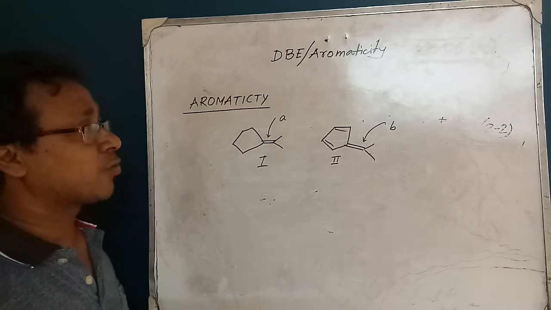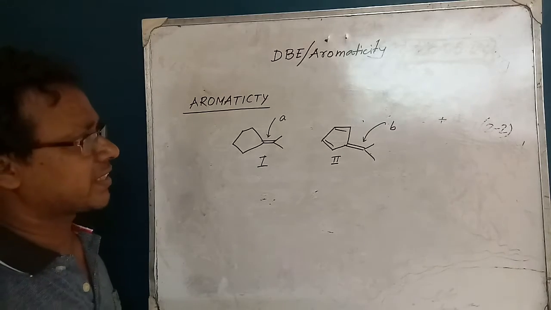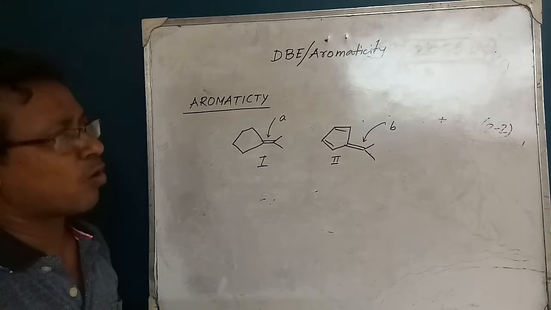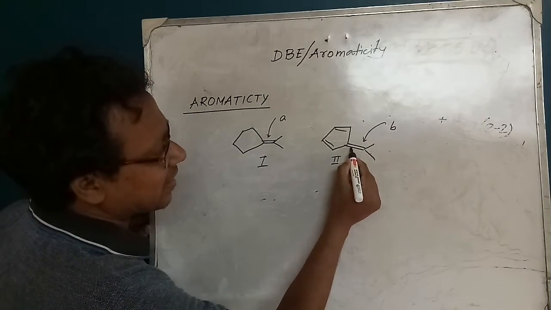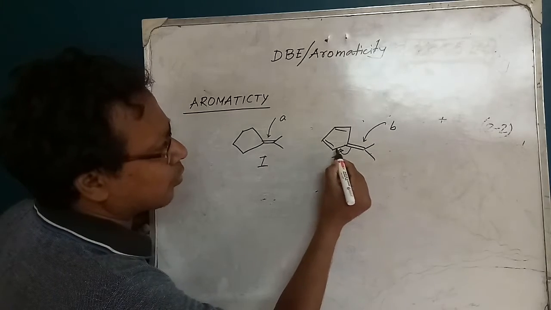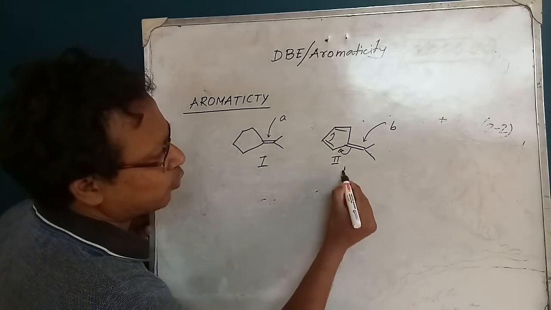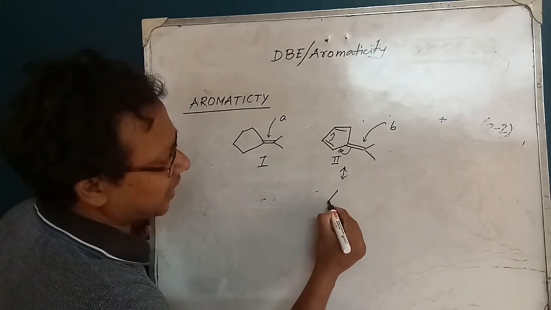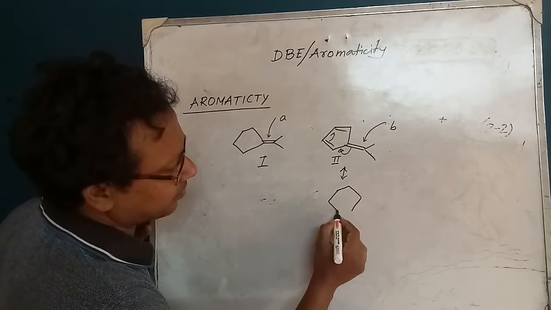You can easily understand that B will have the longer bond length, because this double bond can undergo resonance with the pi electron system to give this type of resonating structure.